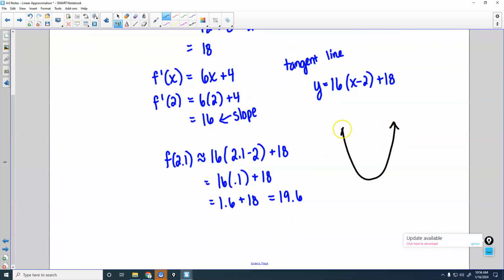Your original graph is concave up, which means when we find a tangent line on that graph, is the tangent line above or below the original graph? It's below, no matter where it's at, right? And it doesn't matter whether you pick a point lower than 2 or higher than 2, that tangent line's still below. So this would be an underestimate.